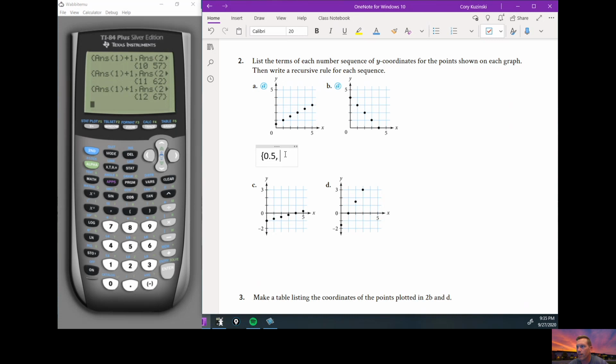So we'll go 0.5, 1, 1.5, 2, 2.5, and does it end at 3? Yeah. And then our recursive rule will be 0.5, enter, and then plus 0.5, enter, enter, and so on.